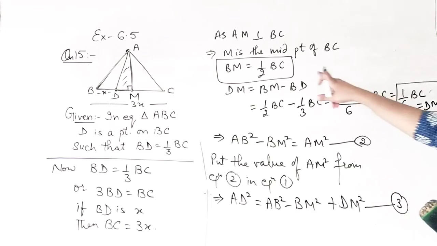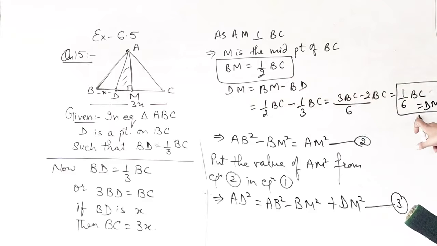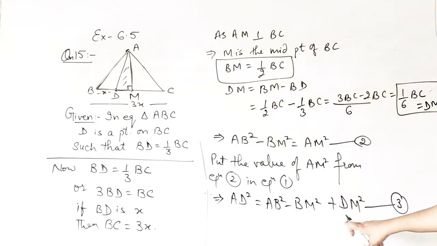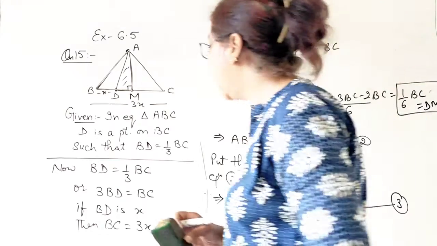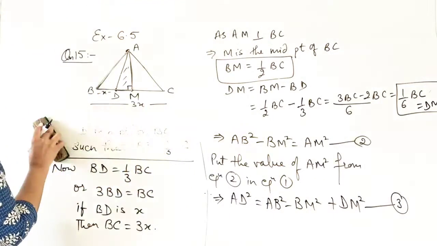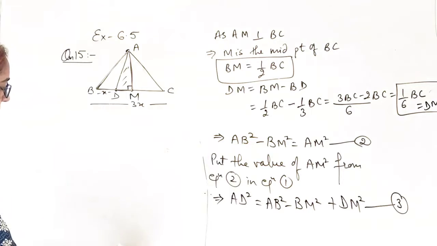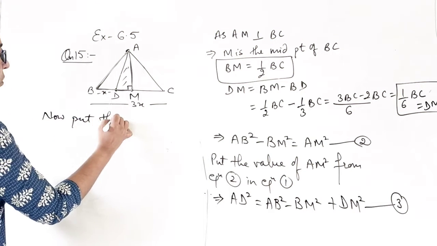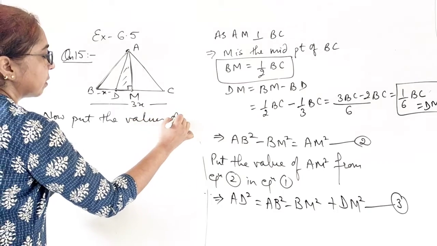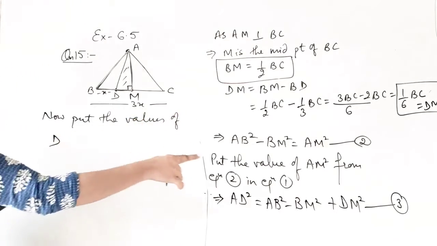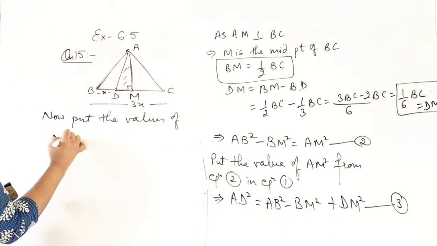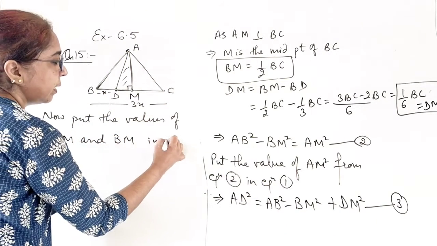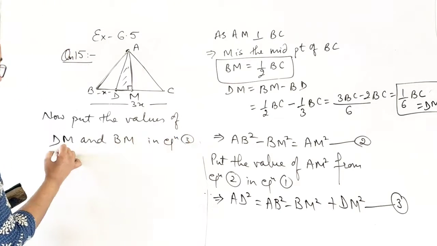Now we'll use these two values. We'll put the value of DM and value of BM here in this equation number 3. So now put the values of DM and BM in equation 3.